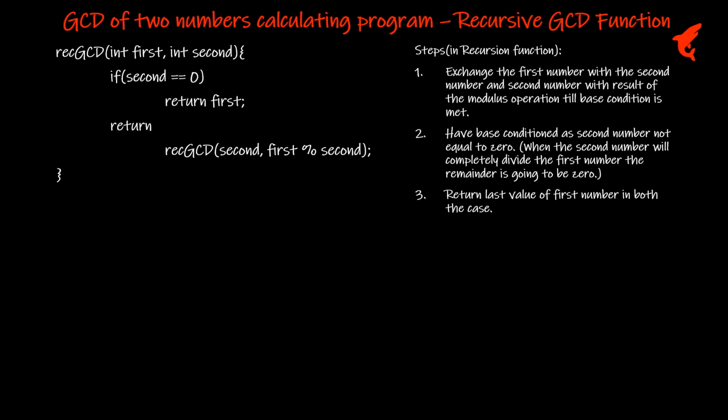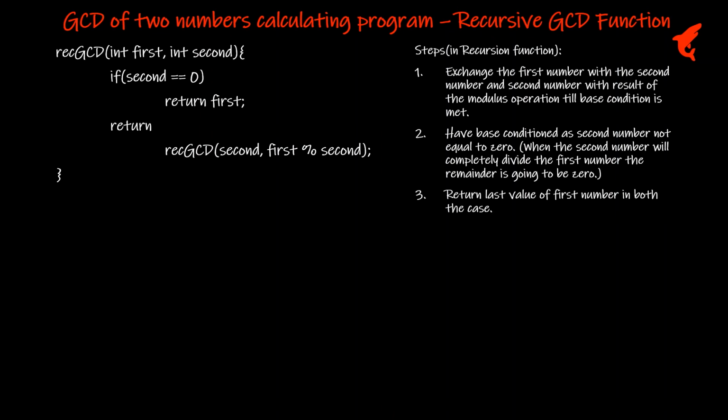We do not change the value which is returned in the very last call to the recgcd function. So in the last call, whatever value first has, that is returned in every call to its previous function call.